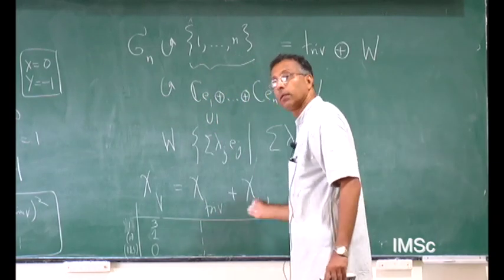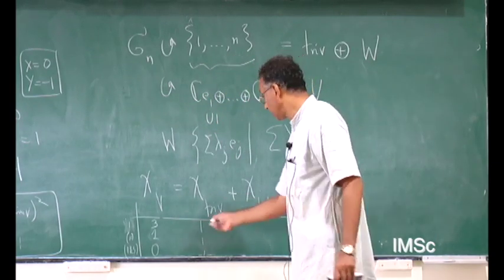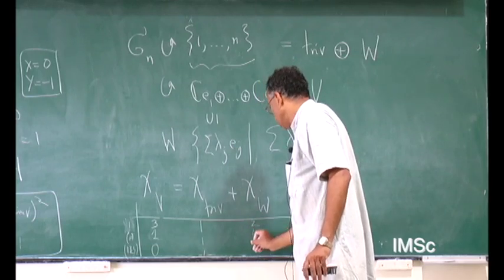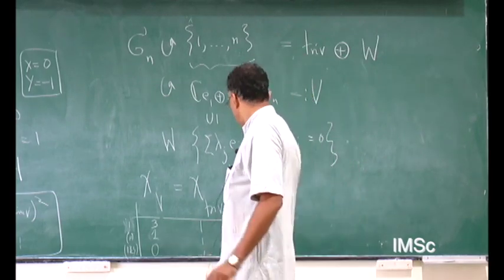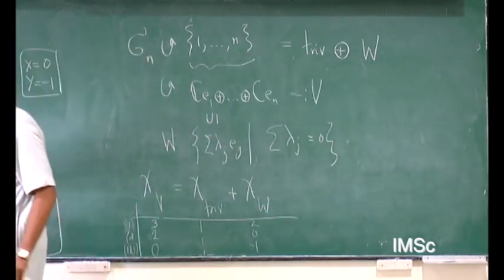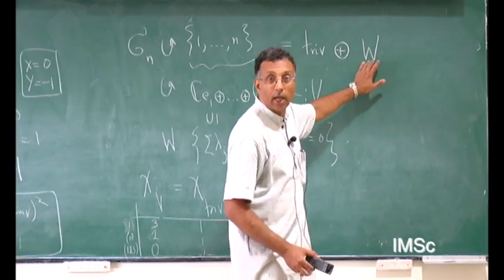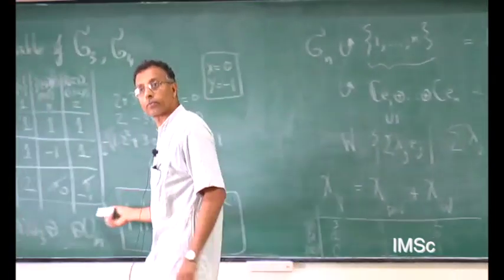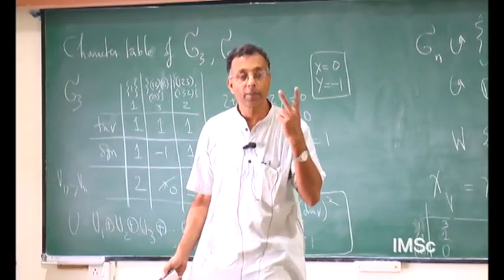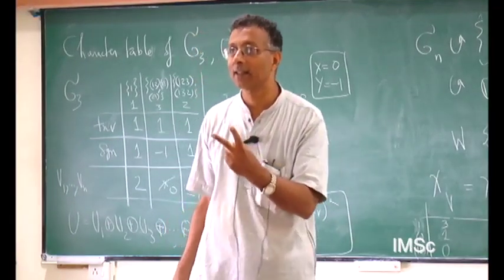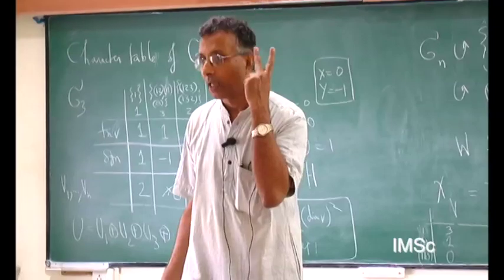So this must be the difference of those two. So it is 2, 0, minus 1. So you know that this has this character. And if two representations have the same character, they are isomorphic.